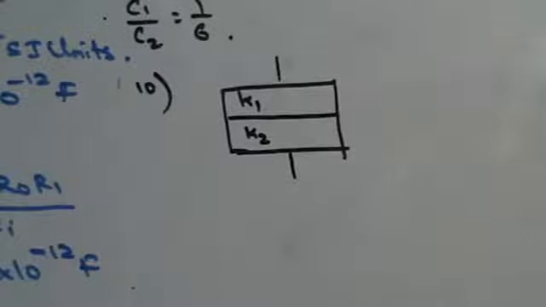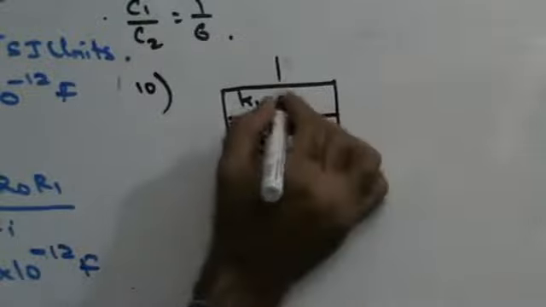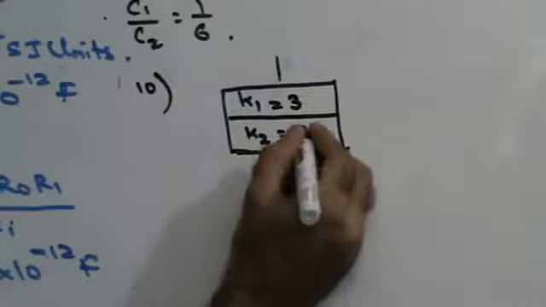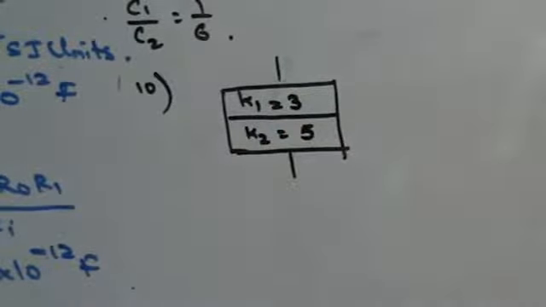What is the effective capacitance if K1 is 3 and K2 is 5?